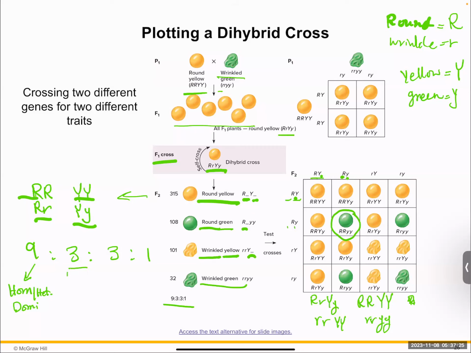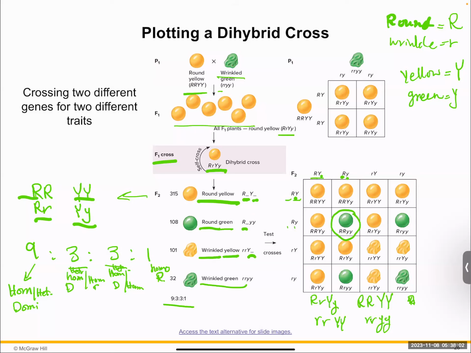This one is homozygous dominant and homozygous recessive for 3 of them. Same thing, homozygous dominant, homozygous recessive. I should say homo or hetero, sorry. Hetero, and then the last one is homo recessive for all of them.